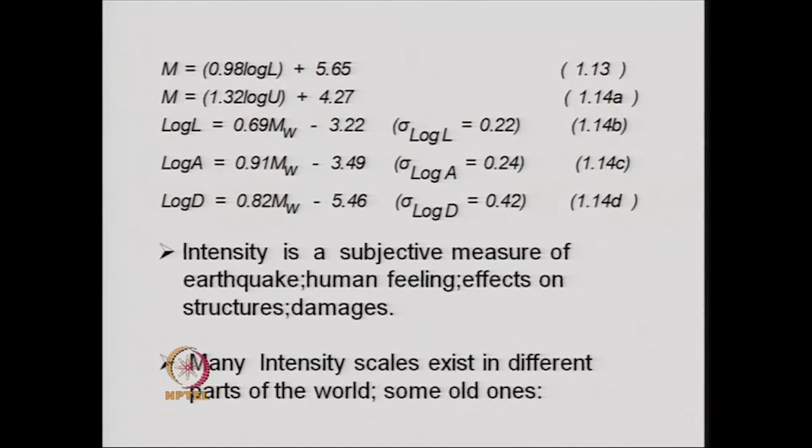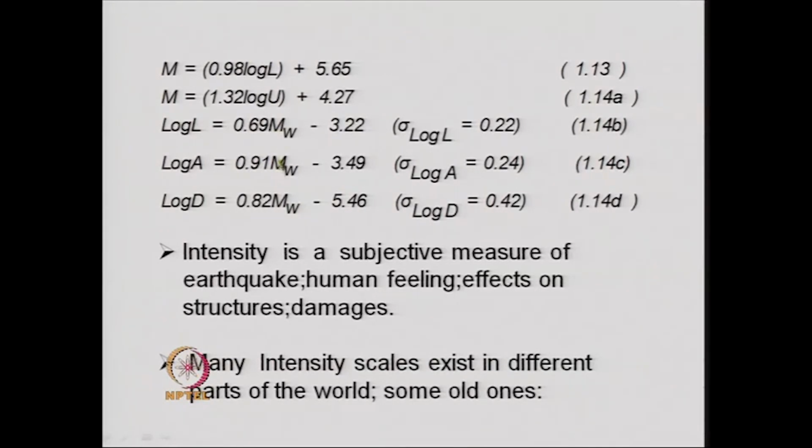For example, the first equation shows that the magnitude of earthquake and the rupture length is related by a log relationship. Similarly, the second equation shows that the magnitude of earthquake is related again to the displacement at the fault line, again with the help of a log relationship.